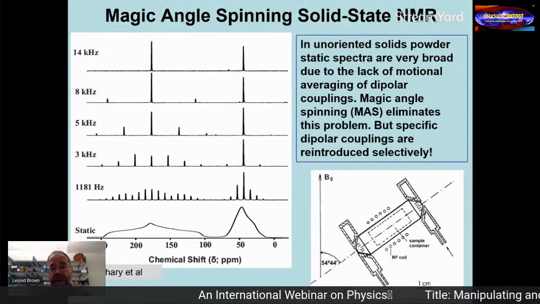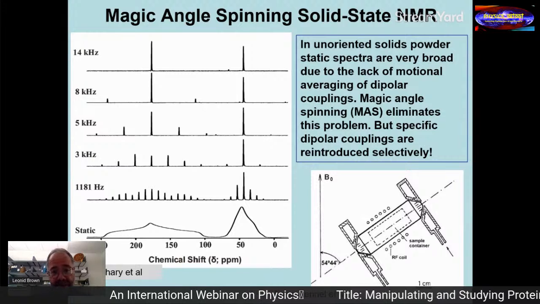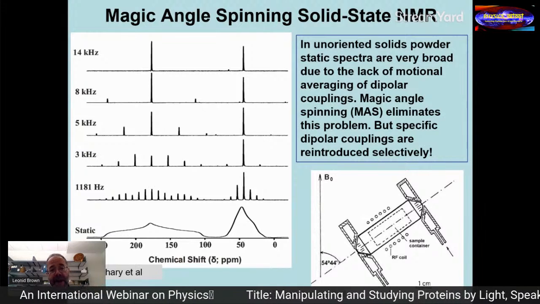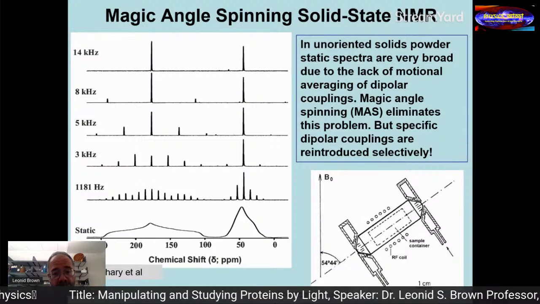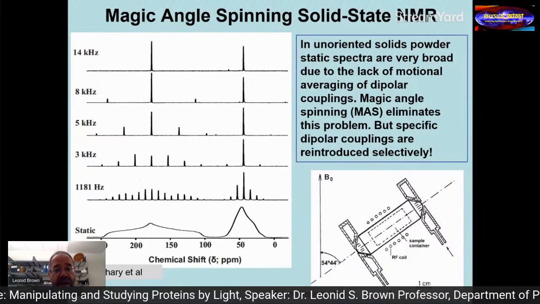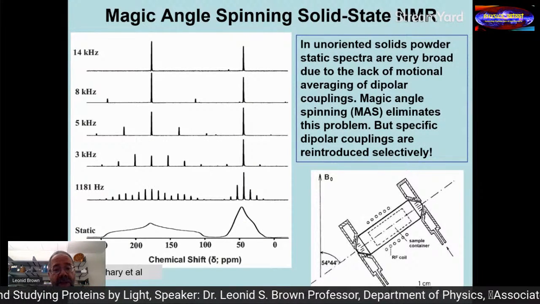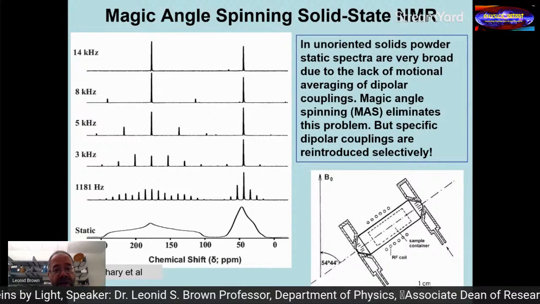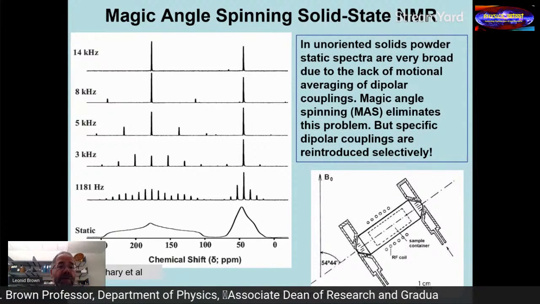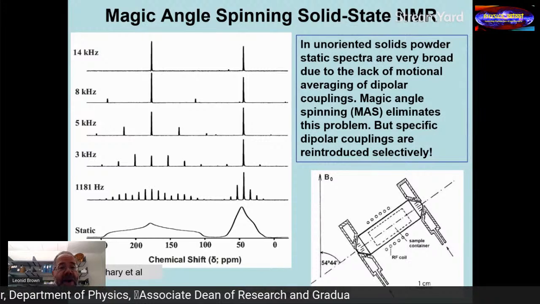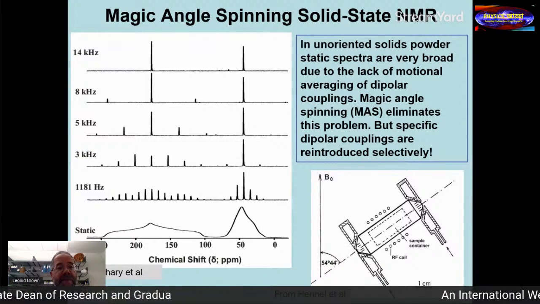What we do, though, is use so-called magic angle spinning solid-state NMR. We pack our samples into these little rotors, which are spun at very high speed, let's say 12 kilohertz, 14 kilohertz, or higher, depending on the kind of NMR you're doing. Then you average out these dipolar couplings and you have very nice spectra.